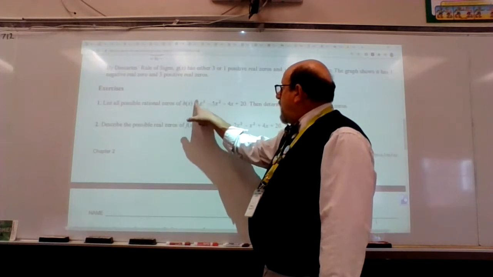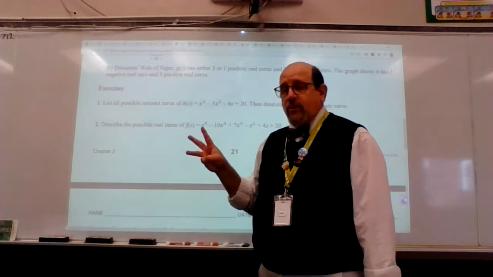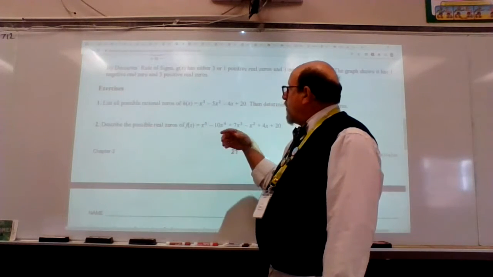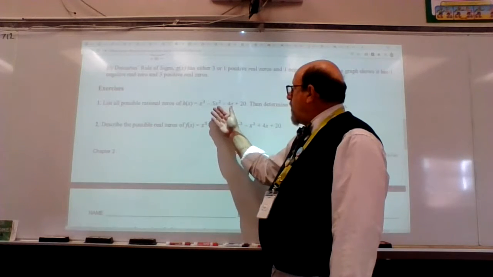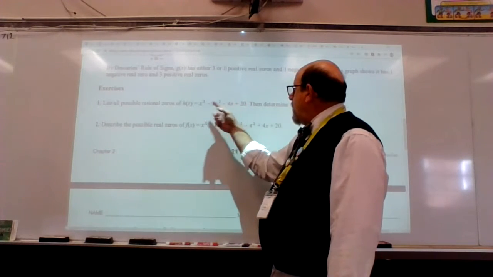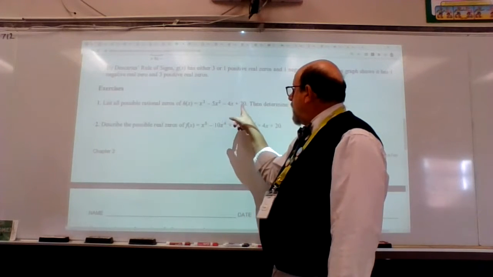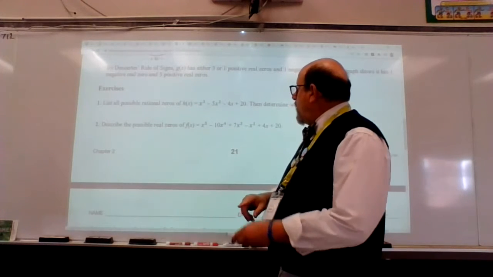We know just by looking at this, this has 3 possible zeros because of this cube term. All right. And if we wanted to, we could use Descartes right away, but we're not going to use Descartes right away. I'm going to use the rational zeros here, using the constant and using the lead coefficient.